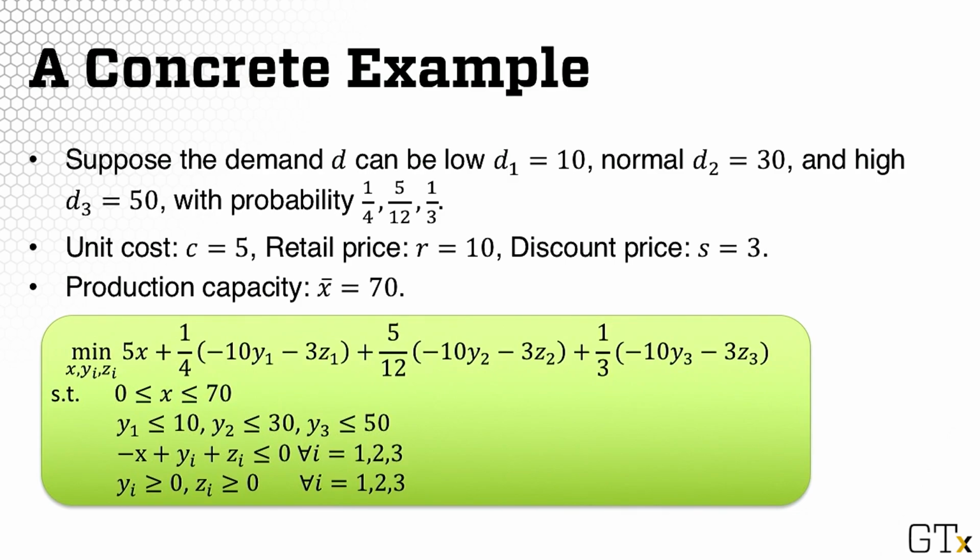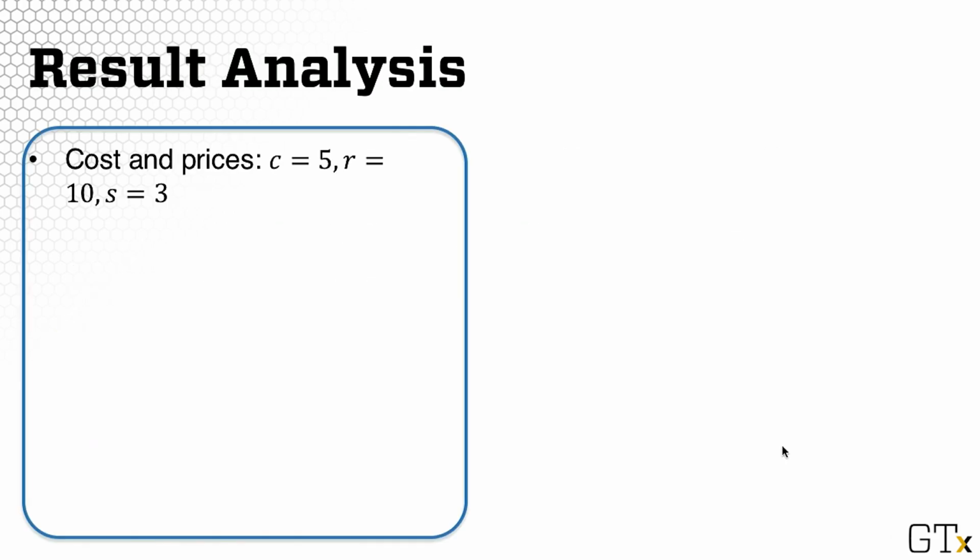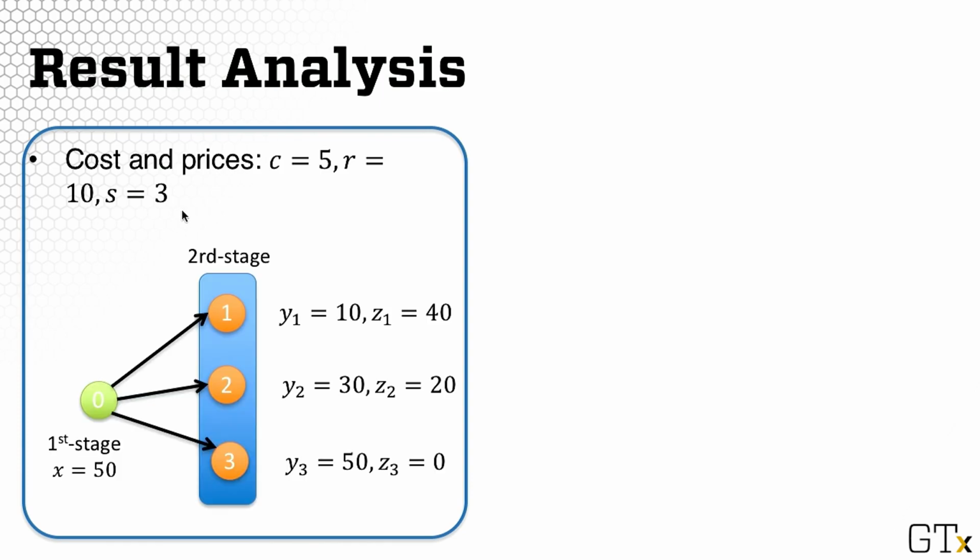Because this is a linear program, we can solve it using CVX, for example. I implemented this in CVX, and here are the results. Given the cost and price parameters, as we discussed, 5 for cost, 10 for regular price, 3 for salvage price, these are the results. The first stage optimal decision is to produce 50 units.